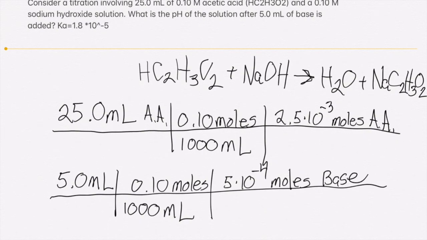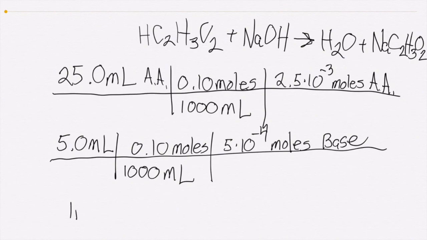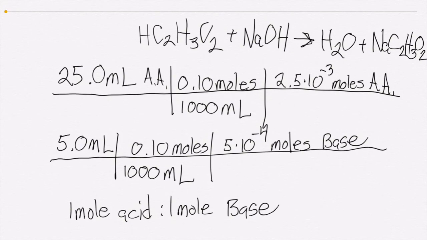All right, so now we know how much of our initial material we have. We can't directly compare acid and base. We have to convert moles of acid into moles of base or moles of base into moles of acid. But we know from the balanced equation that for every 1 mole of acid I react, I also react 1 mole of base. That is the mole-to-mole ratio. So we can look for the limiting reagent based on which material we have in the smallest amount.